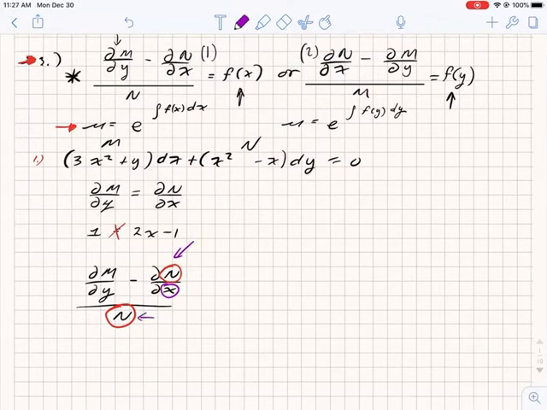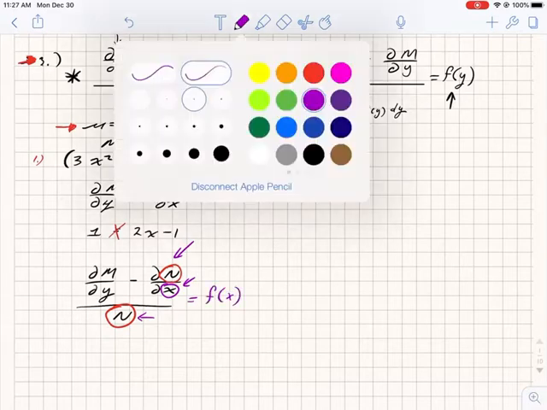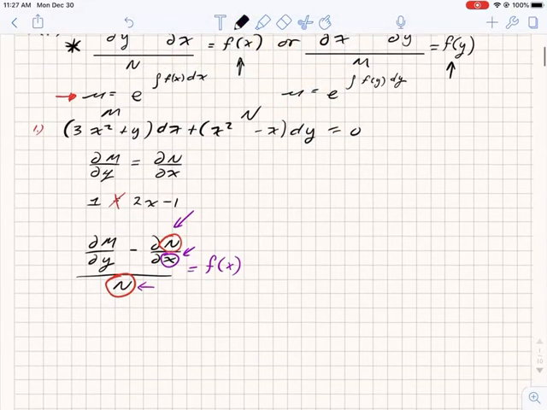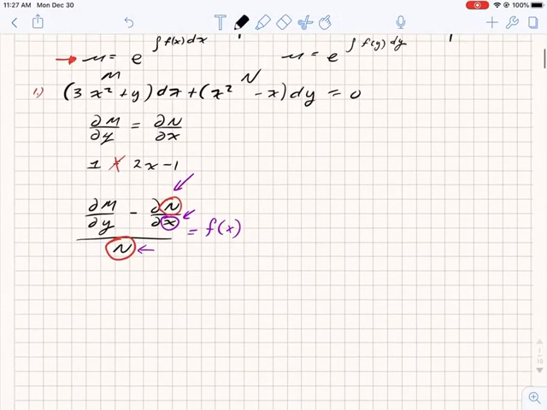The N function, what you're subtracting by, will be on the bottom, and what you're taking the derivative with respect to will be the function that you're hopefully trying to obtain. So given that these are partial derivatives, we could just plug it in, and the rest is just algebra.